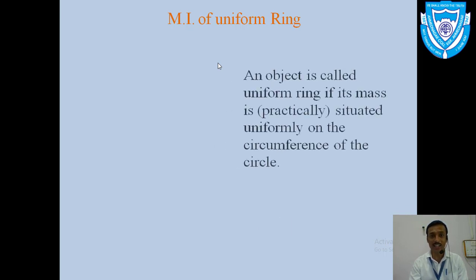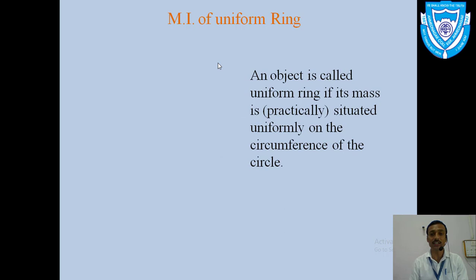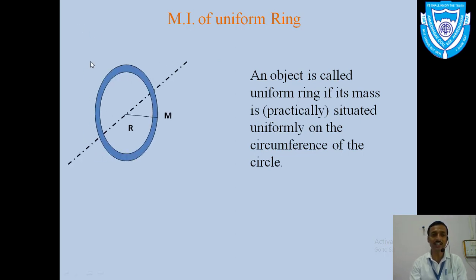What is ring? Ring is nothing but an object if its mass is situated uniformly on the circumference of the circle. Let us say here I consider a ring. This one is the ring and the axis of rotation passing through the center and perpendicular to its plane.